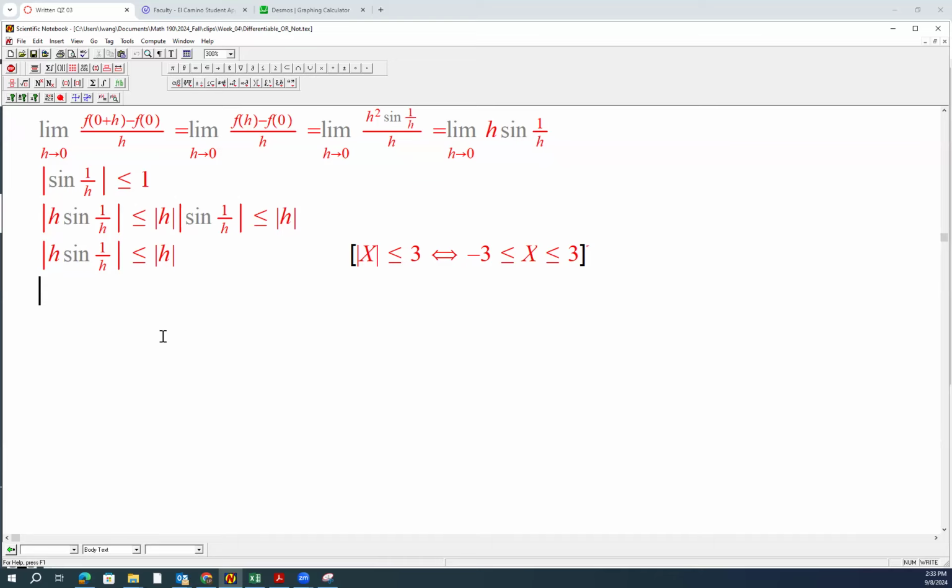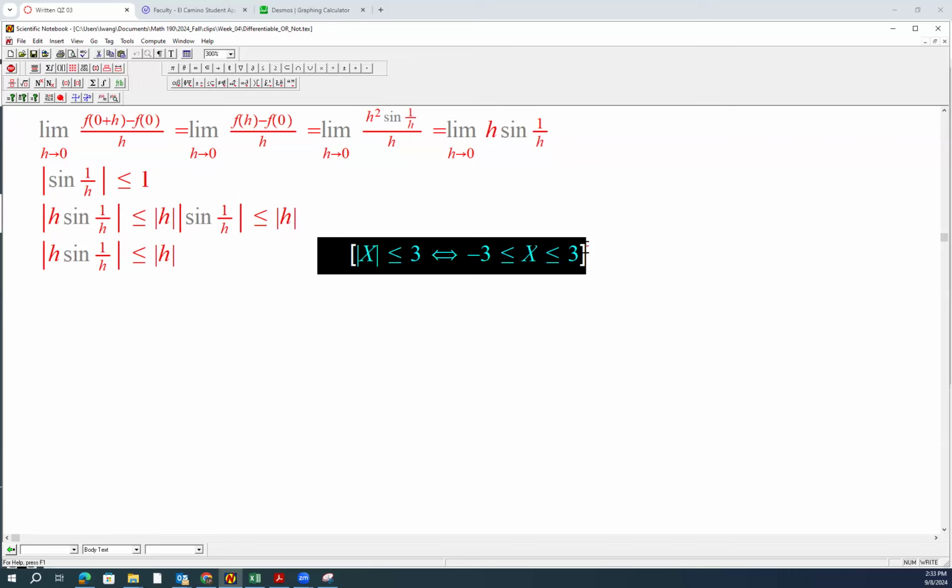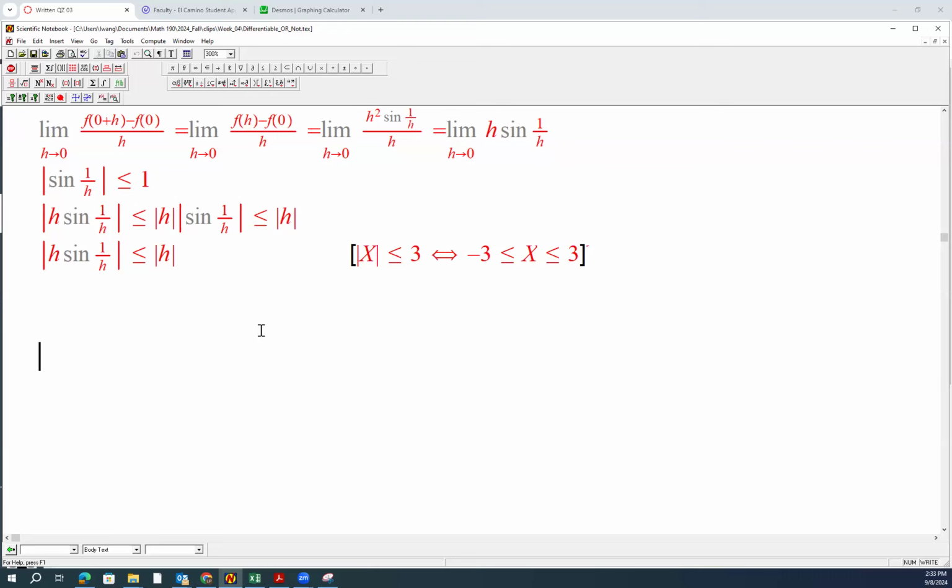I just thought of one proof, and I thought maybe we can do it in another proof. As a matter of fact, I can make it easier. We don't need to use this. How about this? We finish my first proof, and then we're going to show you the second proof.